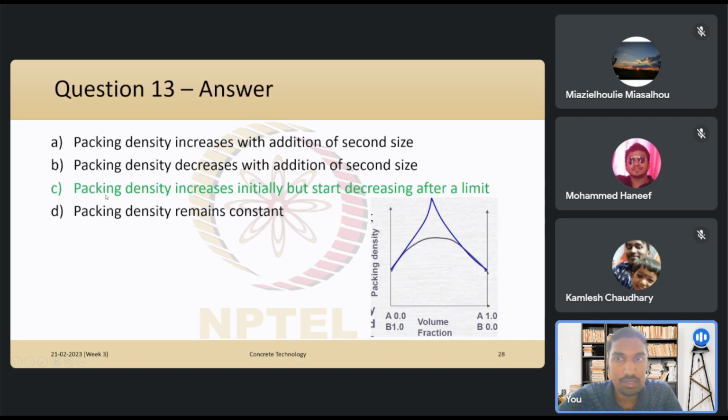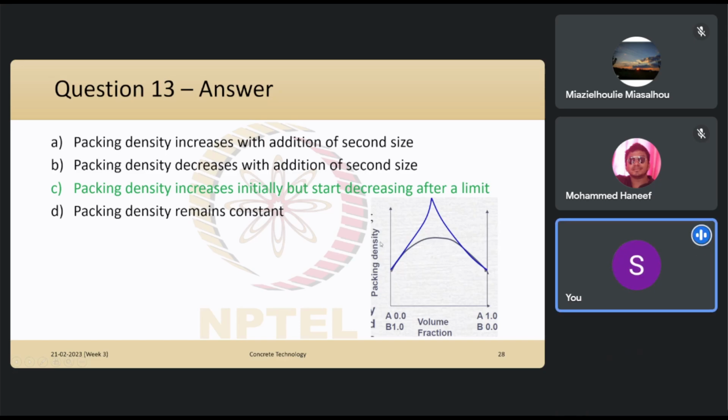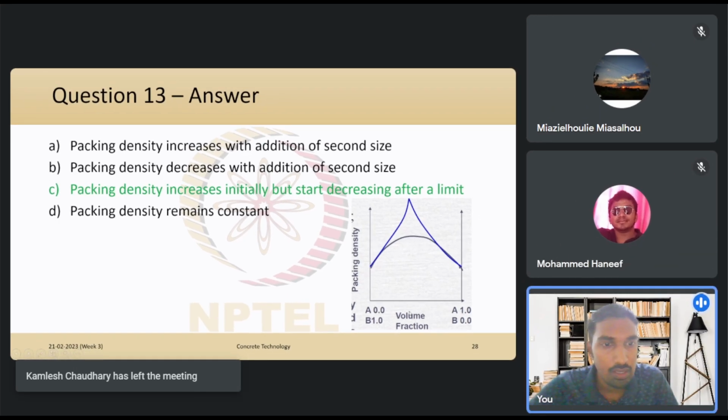So the packing density does not have a monotonic relationship with the volume fraction of one size in the other. As we look at the graph here, it shows the packing density as a function of the volume fraction.